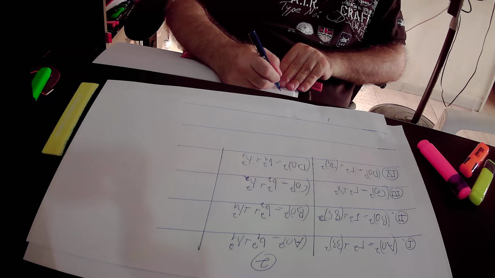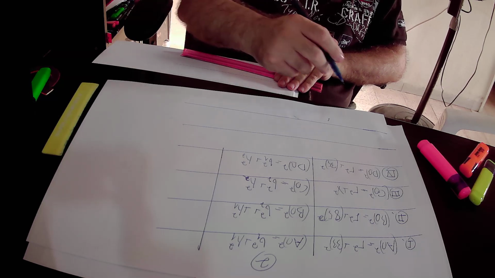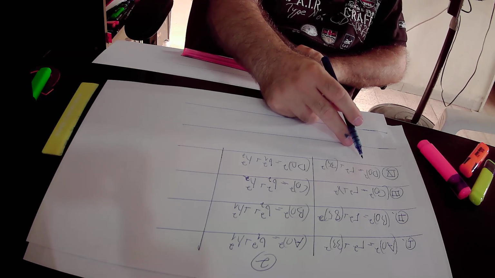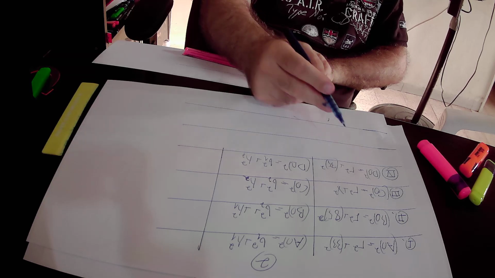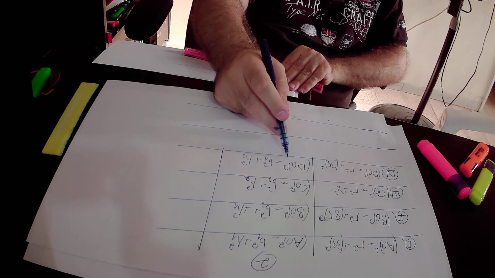And finally, we create equation number 4 that says that D whole square according to equation number 1 must be equal to D whole square according to equation number 2.